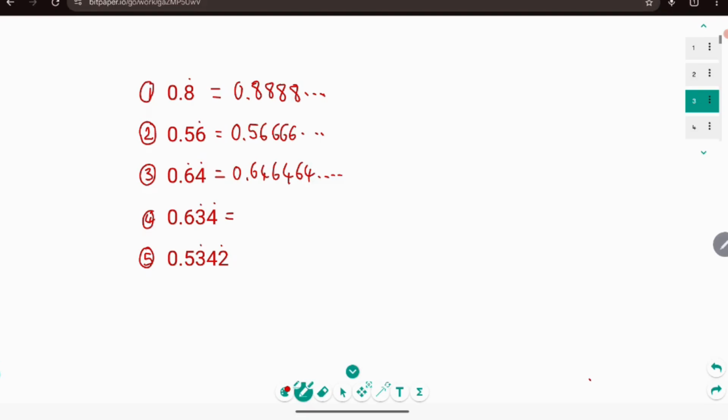Here the dot is above the 3 and the 4, so it's just the 3 and the 4 that repeats. And then for this last one here, the dot is above the 3 and the 2, so it's everything in between the 3 and the 2 that repeats. The 5 has nothing above it, so it's 3, 4, 2, 3, 4, 2, etc.